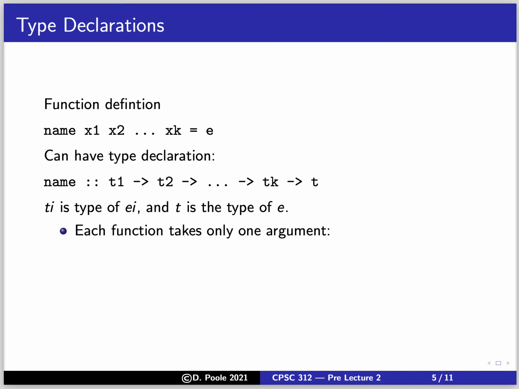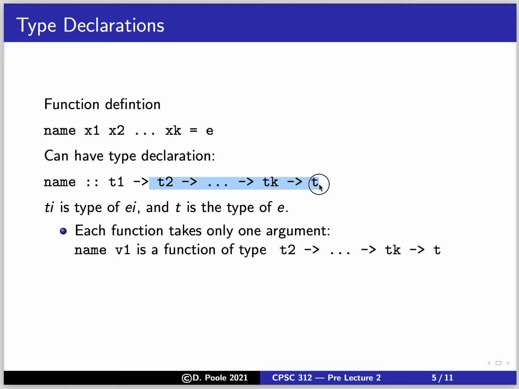Okay? In some sense, a nice way of thinking about it is each function only takes one argument. So if you apply name to v1, that's a function of type t2 into tk into t. So if you assign t1, it's a function of all the rest of these. Okay, and v1 has to be of type t1.